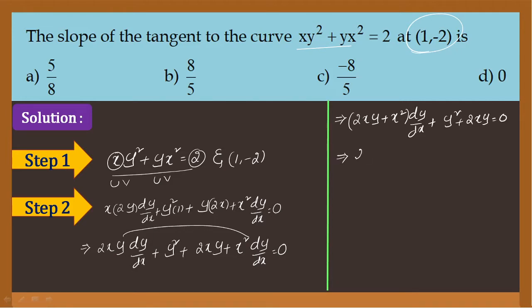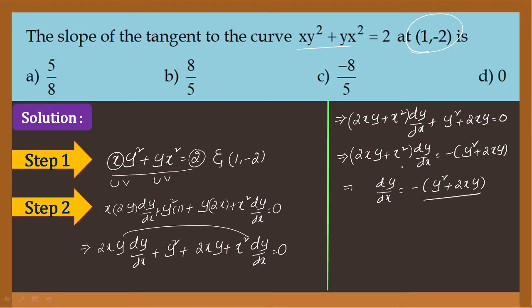This implies (2xy plus x square) into dy by dx equals minus of (y square plus 2xy). This implies dy by dx equals minus of (y square plus 2xy) divided by (2xy plus x square).